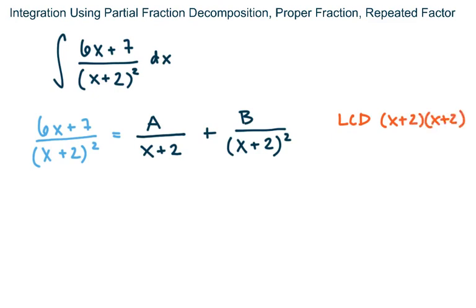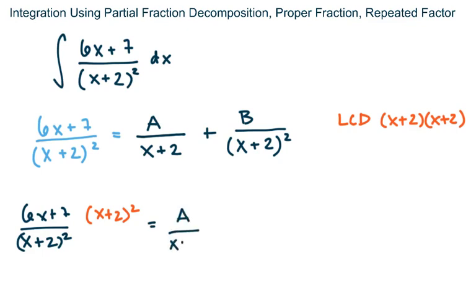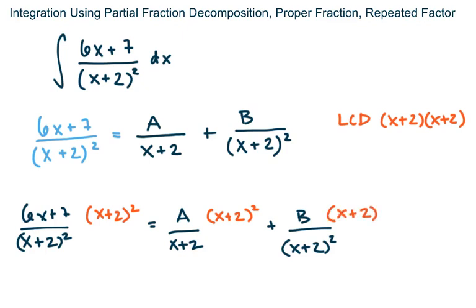So if I multiply both sides by my LCD, I have 6x plus 7 over x plus 2 squared, multiplied by x plus 2 squared, equals A over x plus 2 times x plus 2 squared plus B over x plus 2 squared times x plus 2 squared.